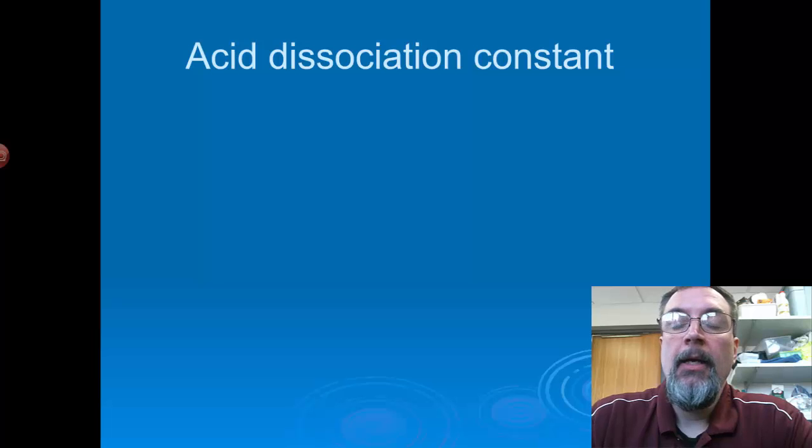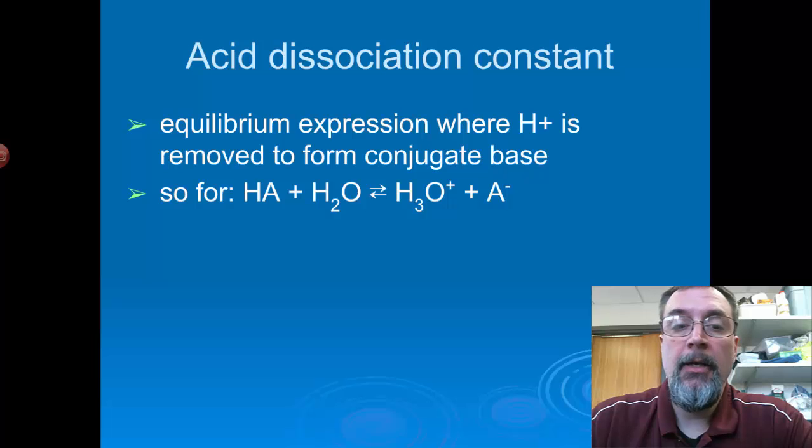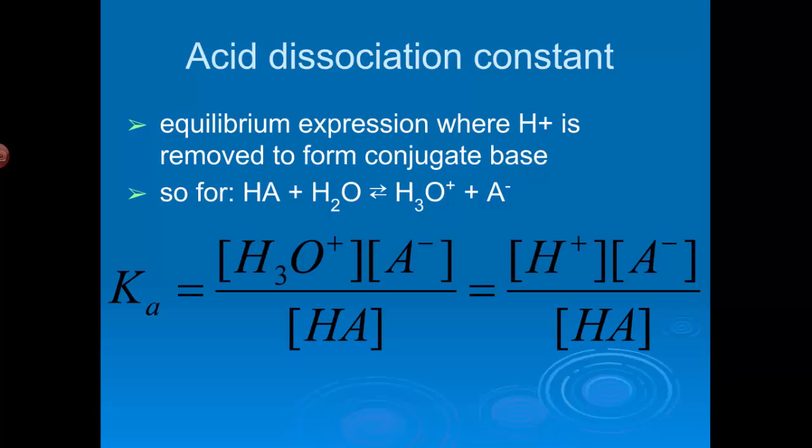Okay. We have something called the acid dissociation constant. And it is nothing more than an equilibrium constant that is specific to acids and bases. Okay, we can write an equilibrium expression where we remove H+ from an acid to form a conjugate base. So for the equation that we just had, HA plus water goes to H3O+ plus A-, the Ka expression, the acid dissociation constant, is the concentration of products over concentration of reactants.